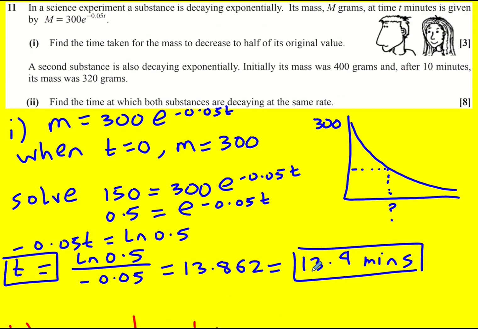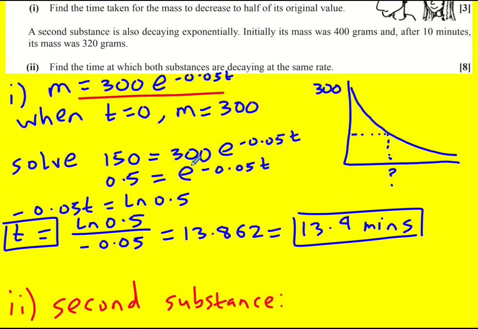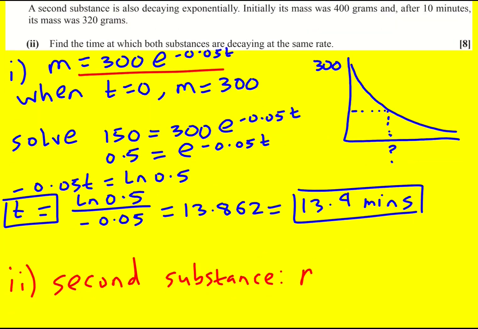Because it says it's decaying exponentially, it's going to have this sort of form again. But this time it's initially 400, so it's going to be 400 e to the something. I know that it's decaying exponentially, so I'm going to put in a minus kt there.